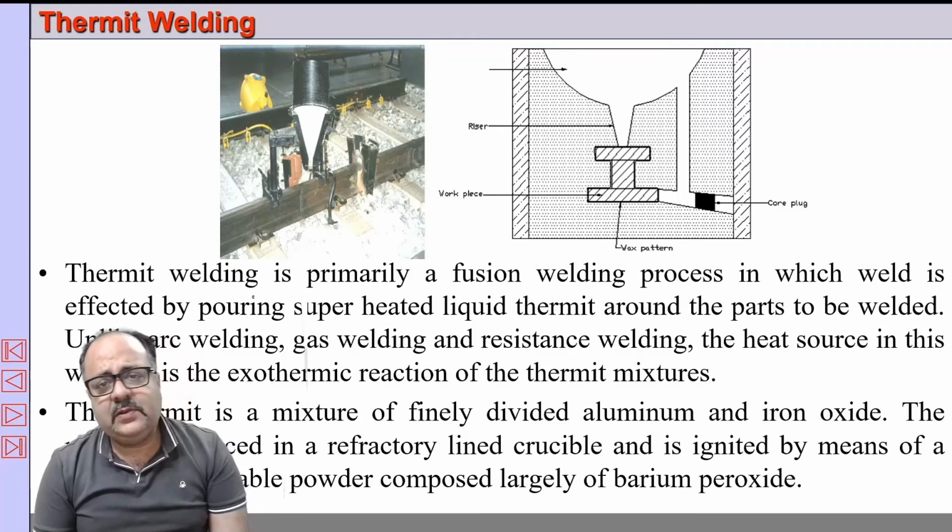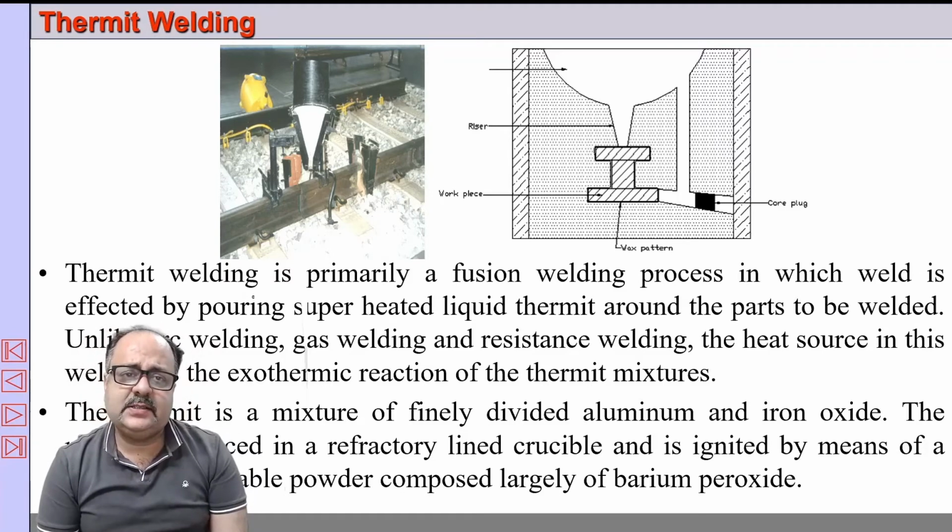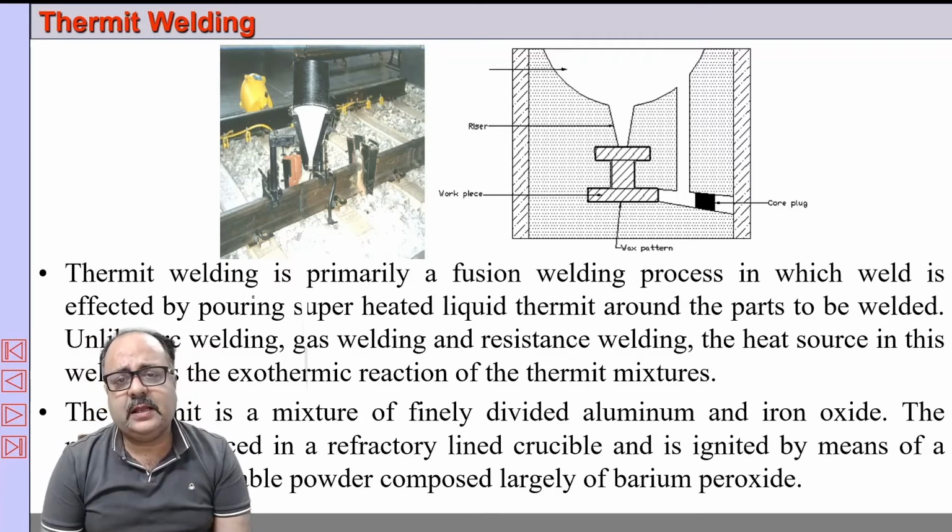For this we use a thermite mixture which is customized for the particular type of material we are joining. For steel we have a thermite mixture of finely divided aluminum and iron oxide.